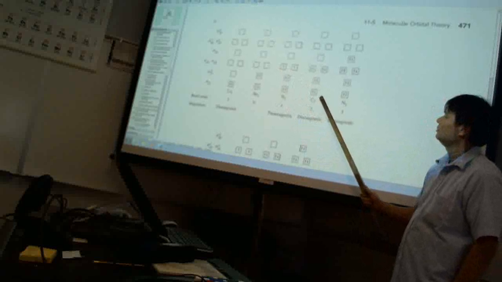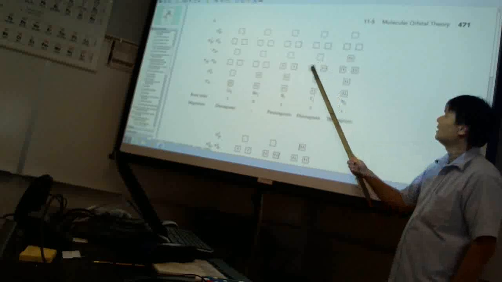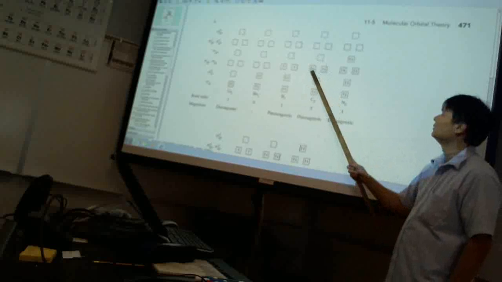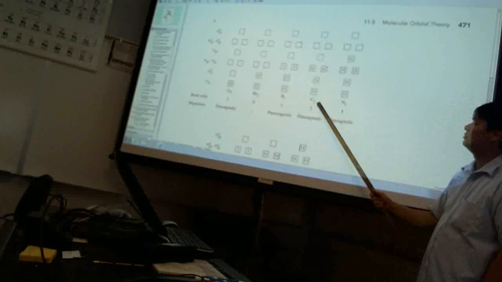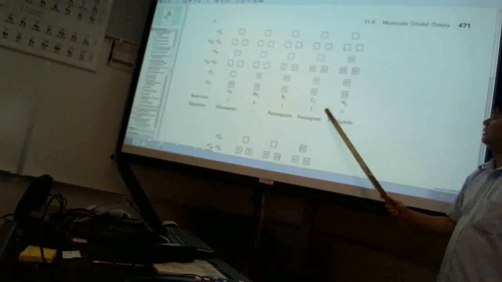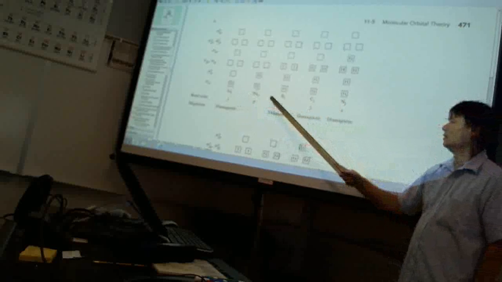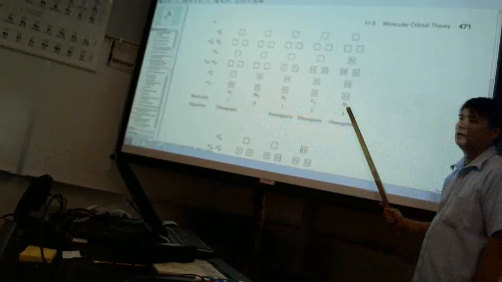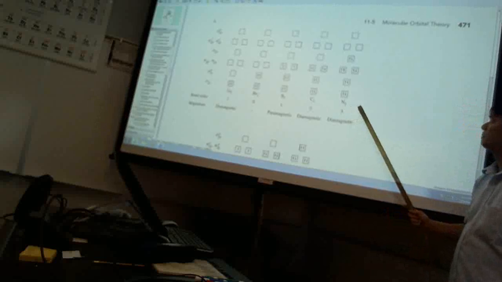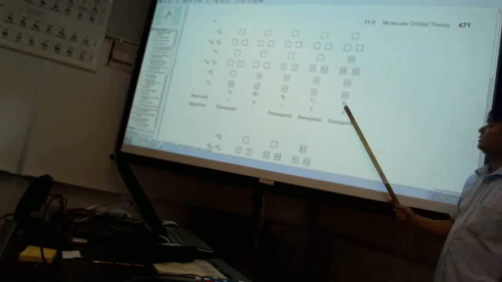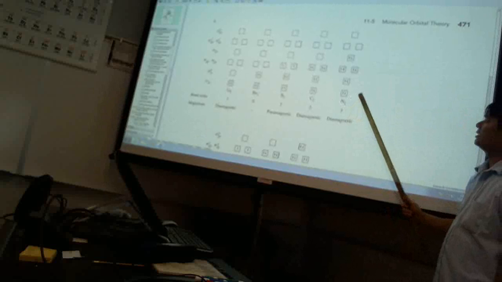The C2 is diamagnetic with bond order 2, so we'd have a carbon-carbon double bond if we had the C2 molecule. N2 is common, and so all these others are rare, exotic. N2 is very common. N2 has a Z of 7. Each N has 5 valence electrons, so that gives us a total of 10 electrons.